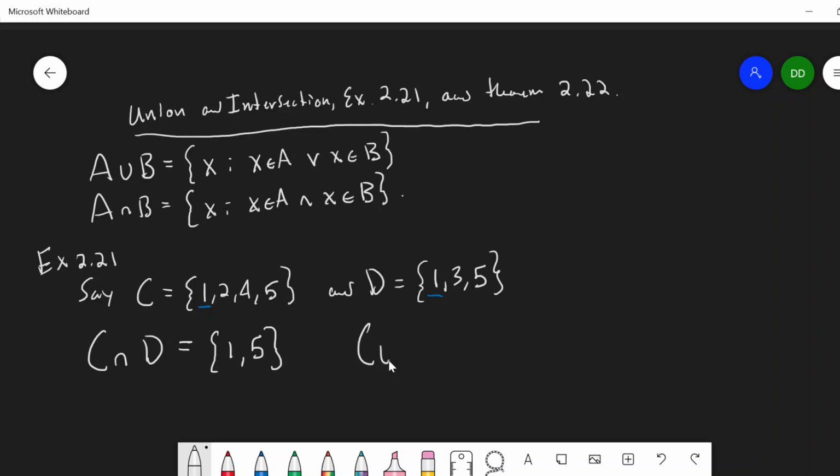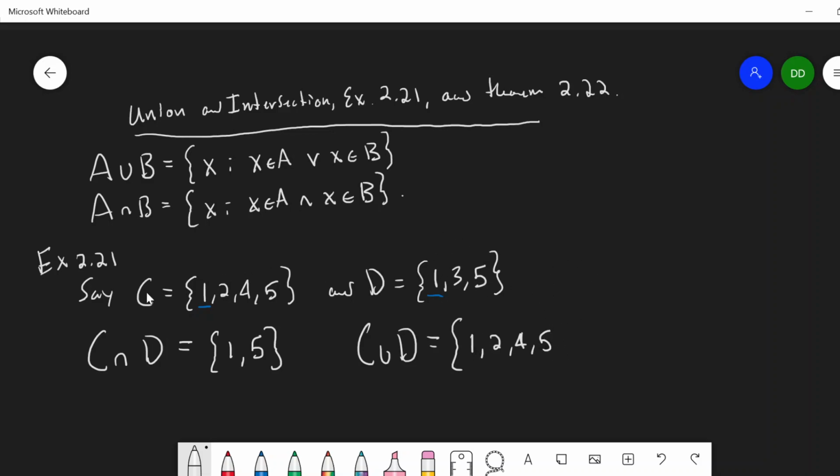For their union, C union D, I'm going to collect all the elements that are in either C or D. So everything that's in C is automatically in the union, so I'll go ahead and write those down. 1, 2, 4, and 5 are all in one or the other. But then I also want to include the elements in D. So 1, 3, and 5. Now 1 is already taken care of because it was already in C. Same with 5.